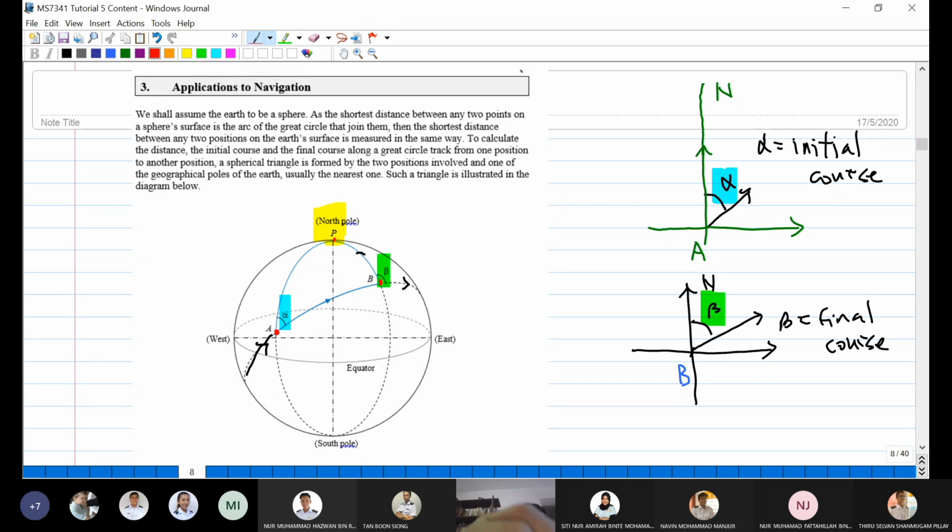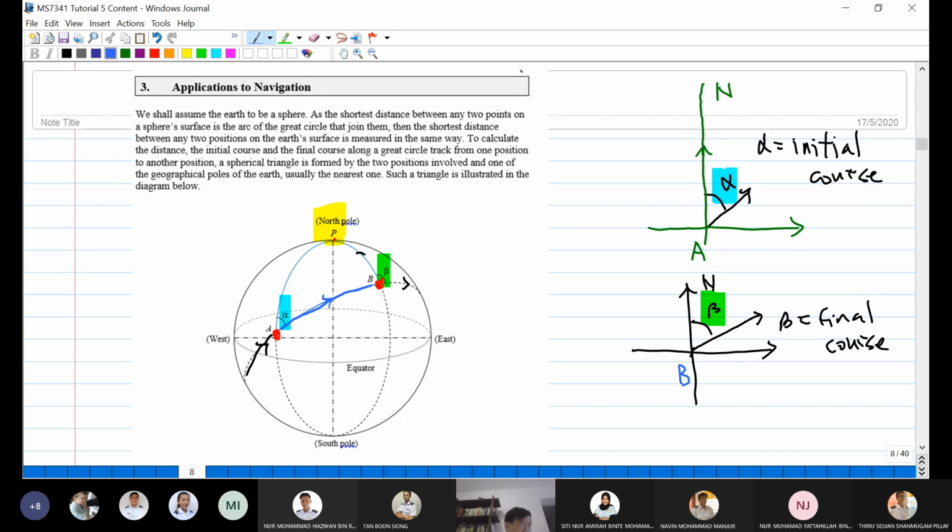So you move along a great circle. Great circle means the circle passes through the center of the earth. So you go on this path here.